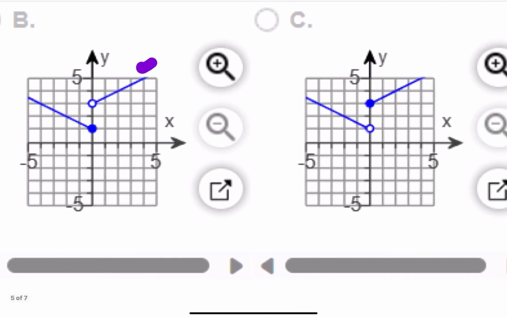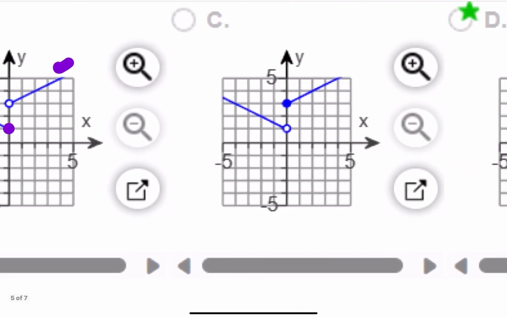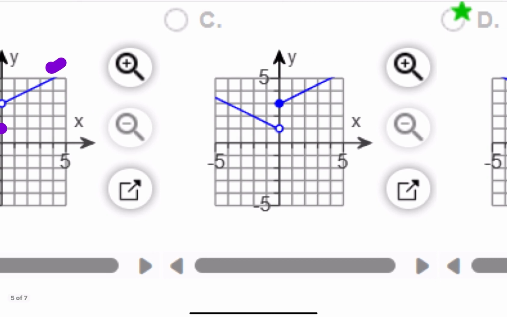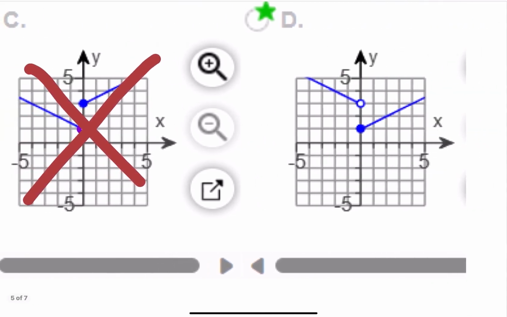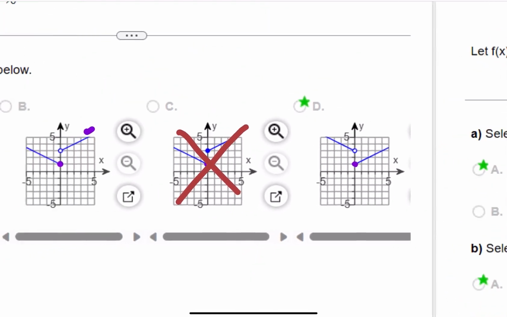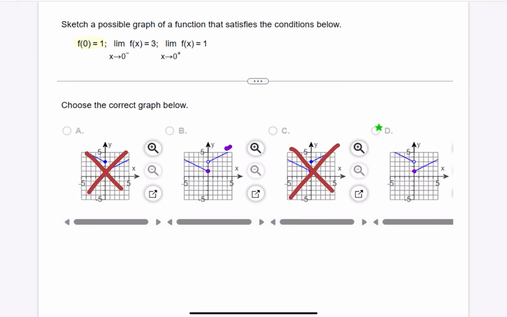This could be, because as I can see, f of 0 is 1. Hey, wait a minute. Here I have an open circle again. So this is not my graph. Let's move on to the next one. Oh, this also could be because I do see the function value. So now I eliminated 2. Let's see what's happening.